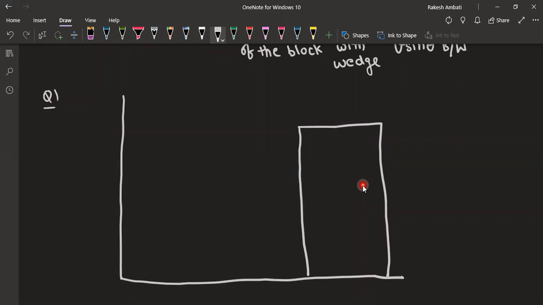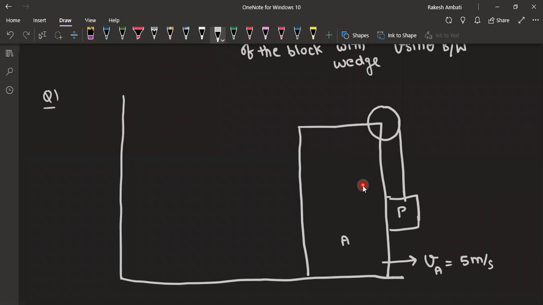For example, I'm taking it as block A. So the wedge is block A. The velocity of block A, or wedge A, is 5 meters per second. And here we have another block, block B.